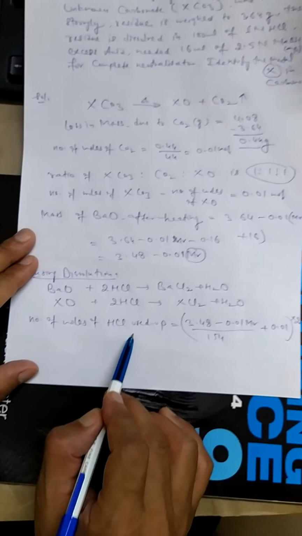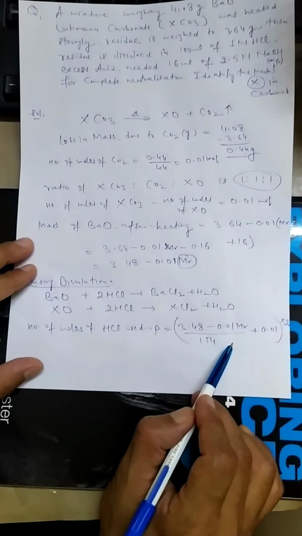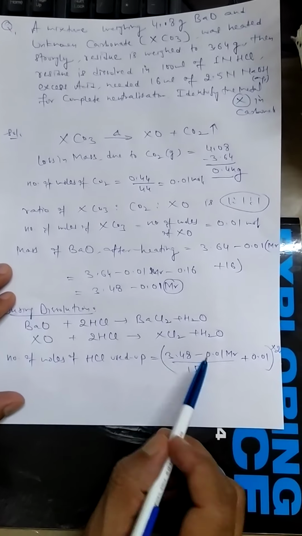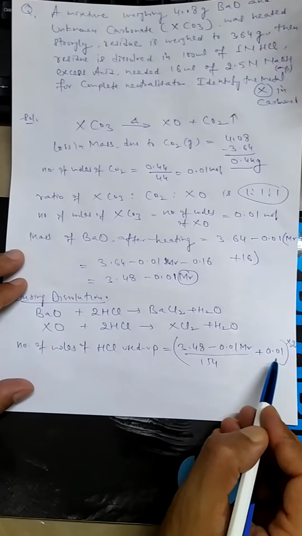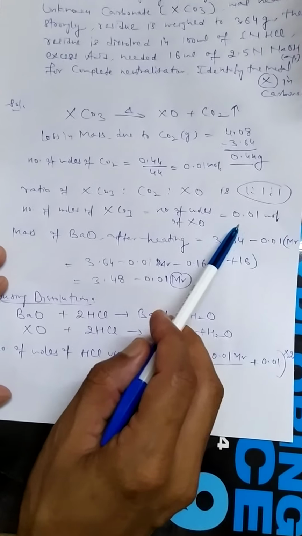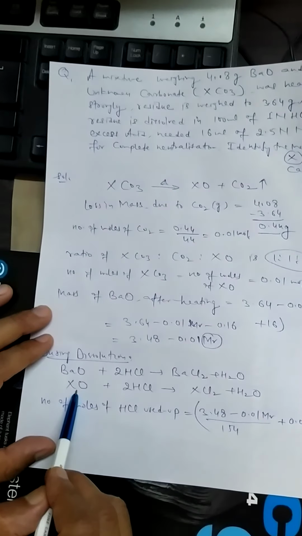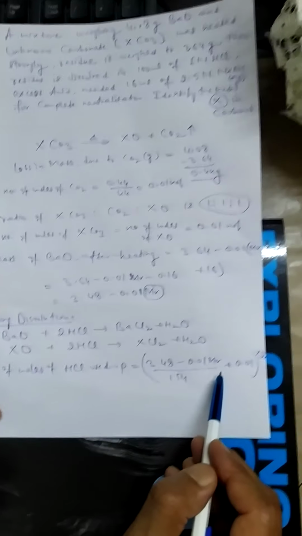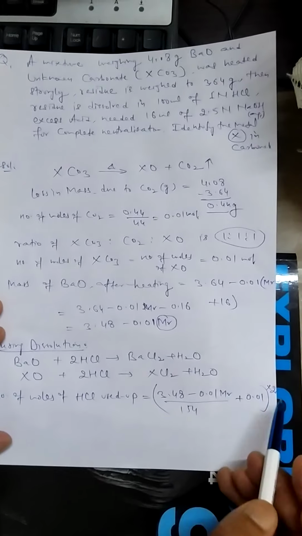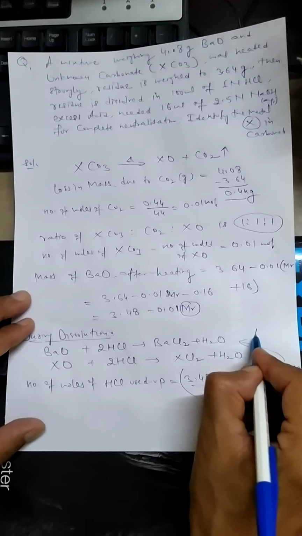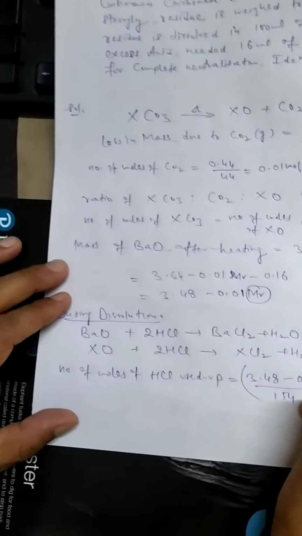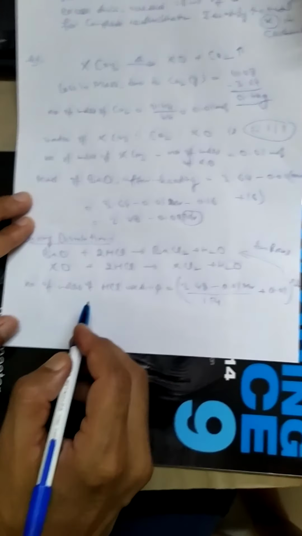So number of moles of HCl used up will be, this will be for barium oxide, and 0.01 mole, if you exactly remember, that was for the XO. So for XO and barium oxide, the number of moles for both has been added, and it is 2 times because we are using it in two reactions.